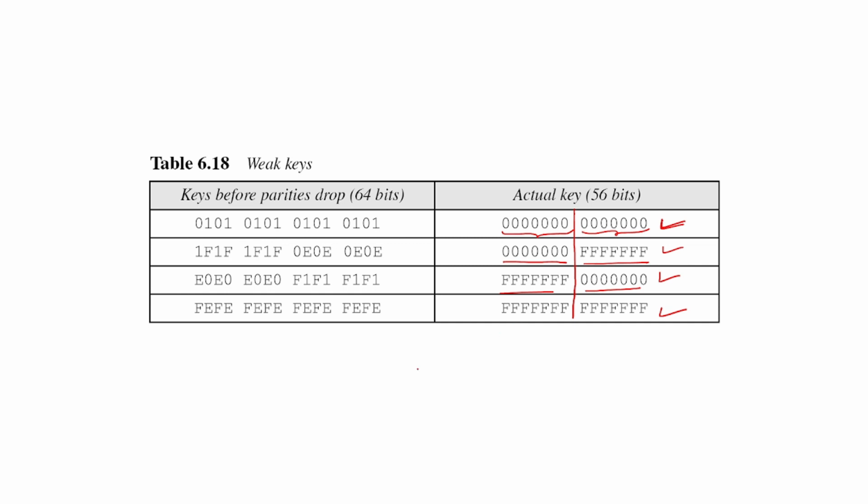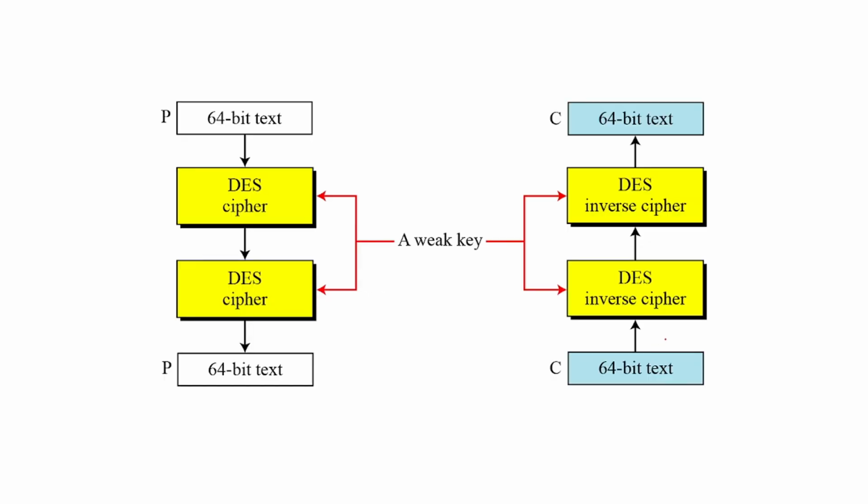The main disadvantage of weak keys can be observed in this diagram, the main drawback of using a weak key in DES. If you perform encryption 2 times, the original text will be generated. Whatever input we give in the first encryption, the same text will be generated after the second cipher.